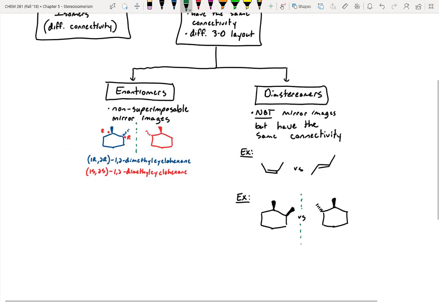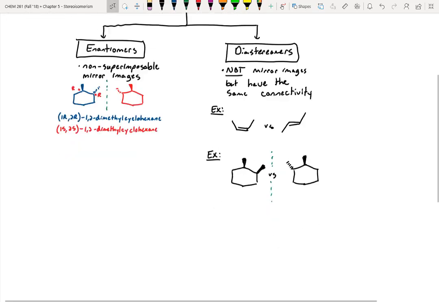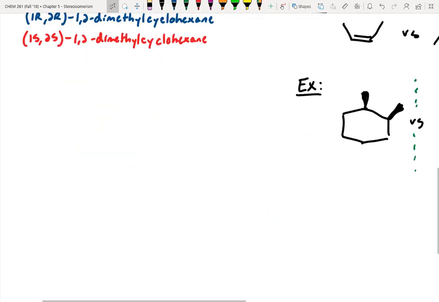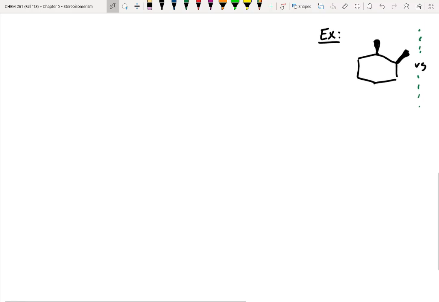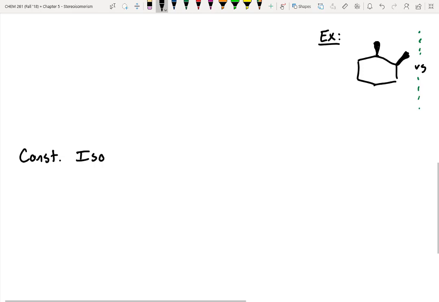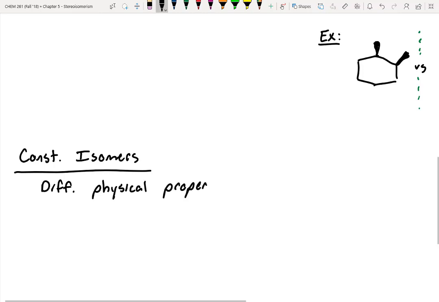So let's kind of classify these with a bit more detail. So constitutional isomers have different physical properties. They are easy to separate.